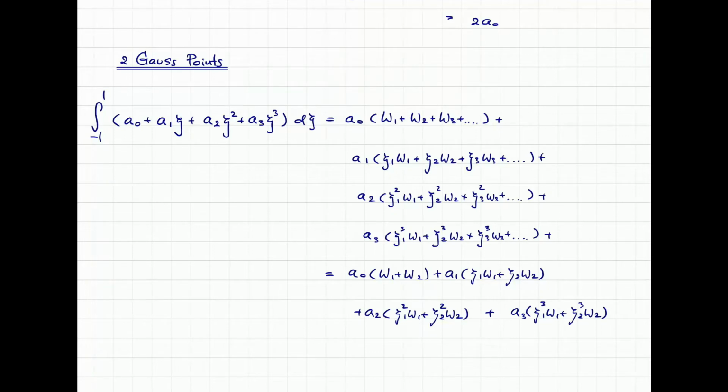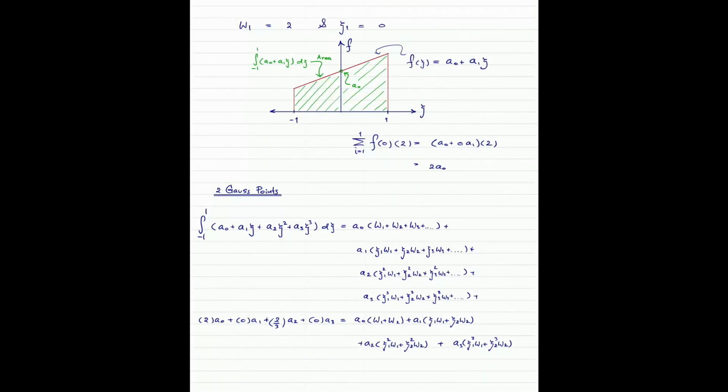So on the left hand side you have 2 a naught plus 0 a1 plus 2/3, right? Square turns out to be cube. Okay, 2/3 a2 plus 0 a3.